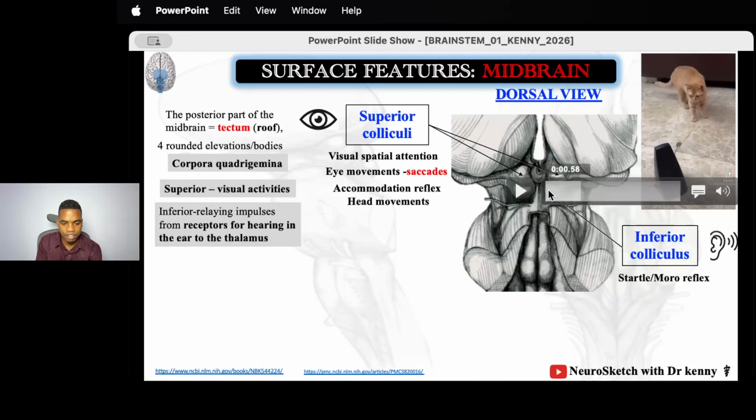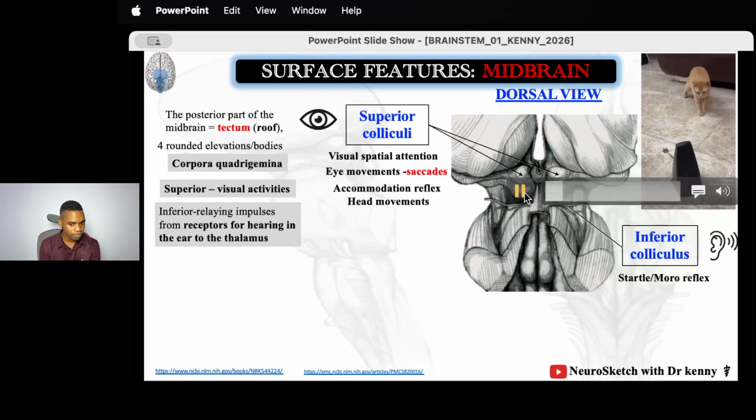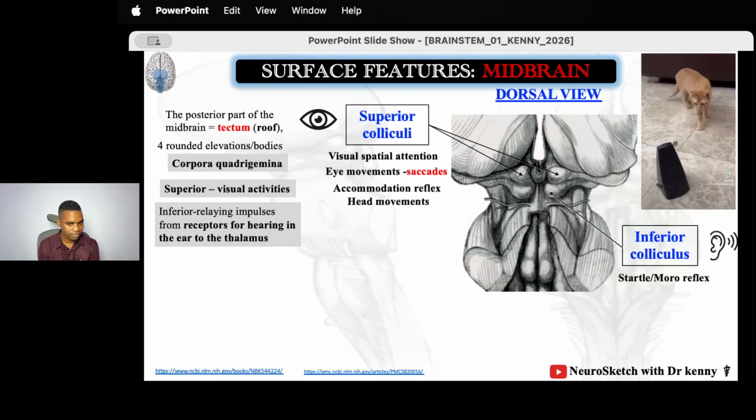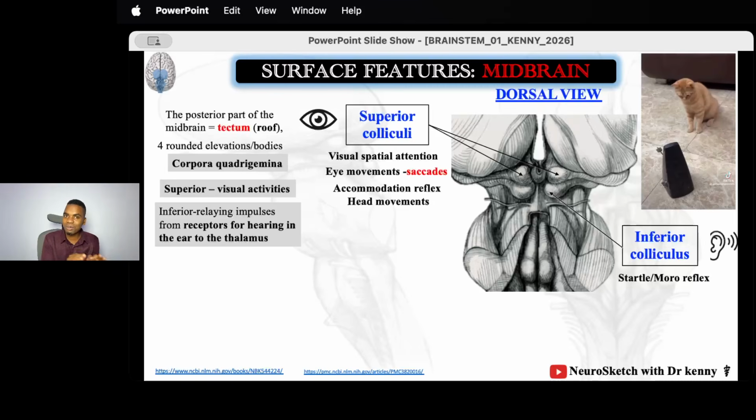Let's see this cat over here responding to a very intense sensory stimulation. You see, that kind of reaction to intense sensory stimulation is the Moro reflex. It's a reflex. It does not decide to do so. It does it automatically, okay?